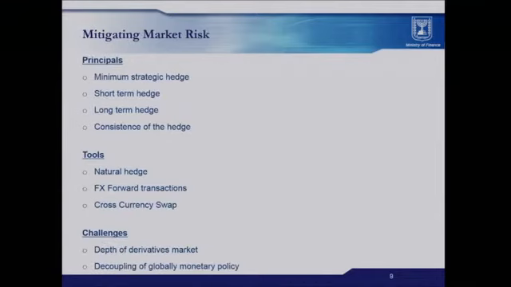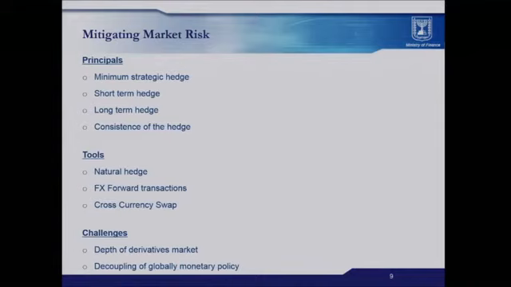Mitigating market risk. There are several principles. First of all, we set up a minimum strategic hedge using active tools because we don't have a natural hedge for the US dollar, which is the main exposure. We hedge this strategic amount regardless of the cost, regardless of the spot rate or the forward rate, and this is according to the risk appetite. Of course, when market conditions become favorable, we increase the hedge program.